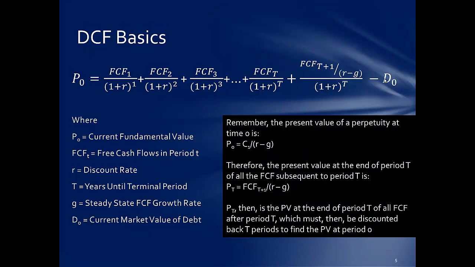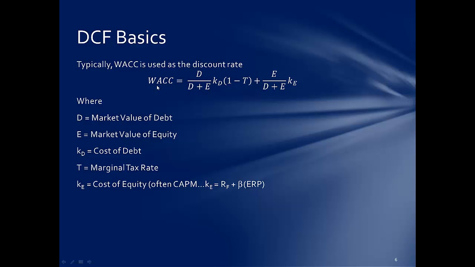And also remember that we use WACC, generally speaking, whenever we're using the discounted cash flows model. And WACC is the cost of debt times 1 minus the marginal tax rate times the percentage of the total value of the firm that's financed through debt, plus the cost of equity times the percentage of the firm that is financed using equity.